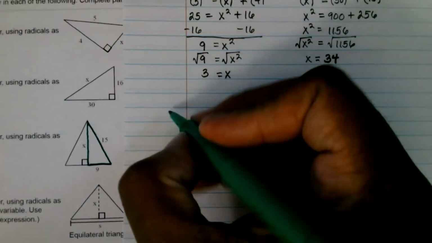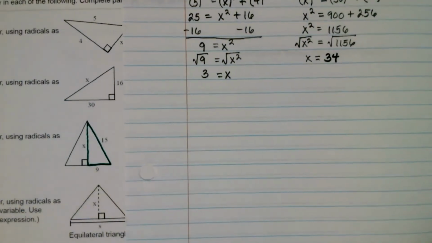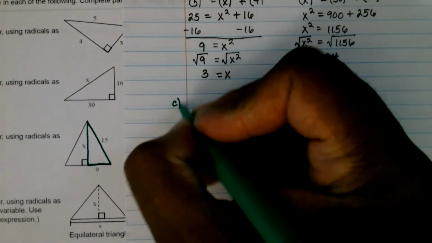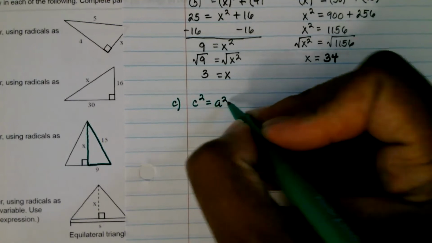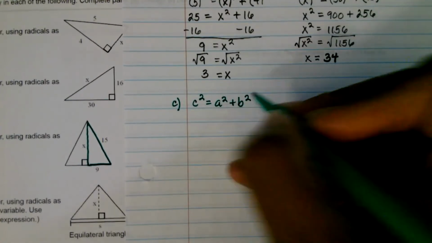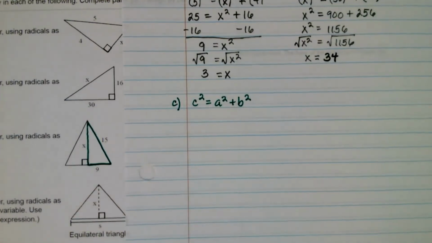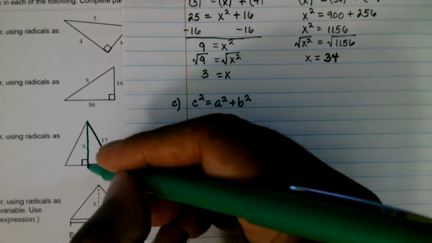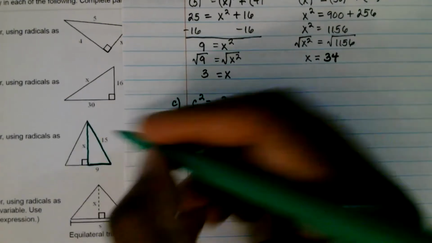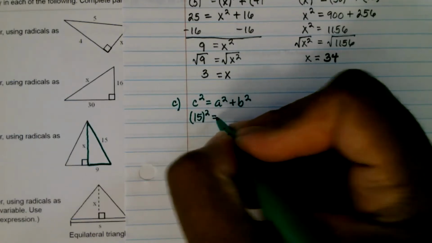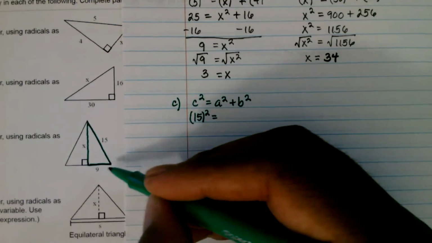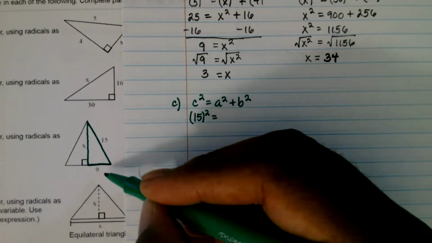All right. So now in part C, that's going to be c squared is equal to a squared plus b squared. It's still a right triangle. So we're going to find the length of this leg right here, which is labeled as x. All right, the c is your hypotenuse. That's your 15. So that's 15 squared. And that's equal to, I'm going to let this be a, which is 9.